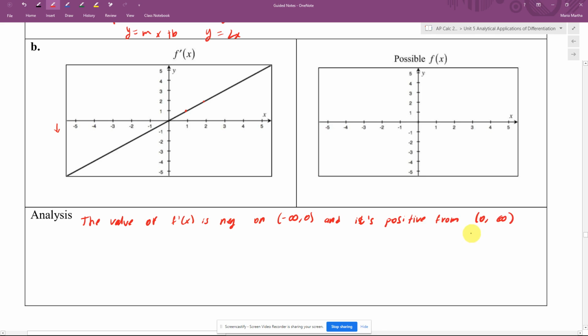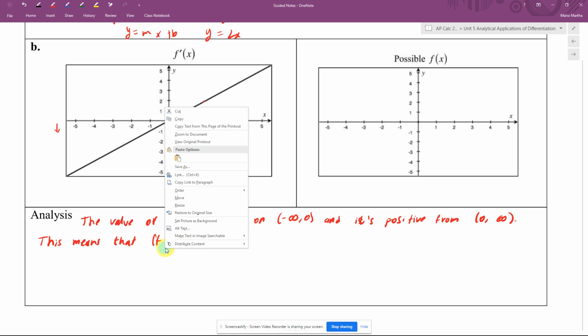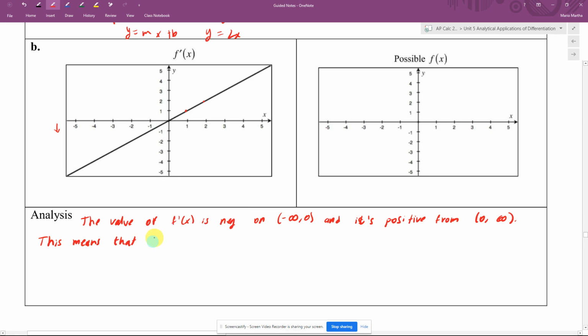What this is telling us is that there's a change in f, going from decreasing to increasing. So this means that f of x changes from decreasing to increasing at x equals 0.